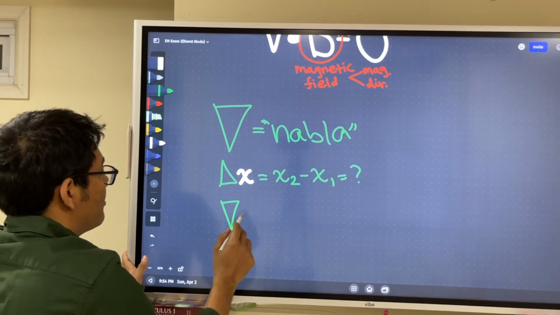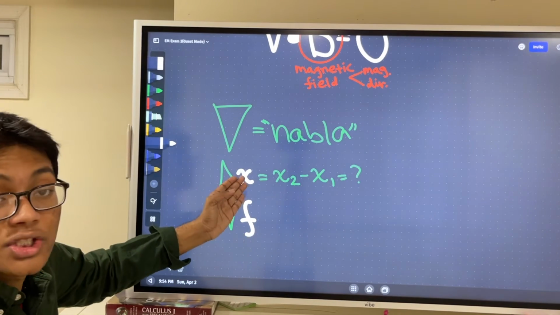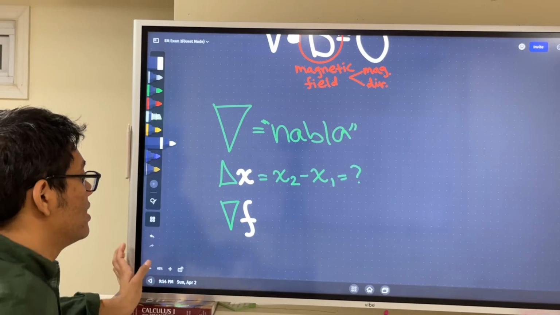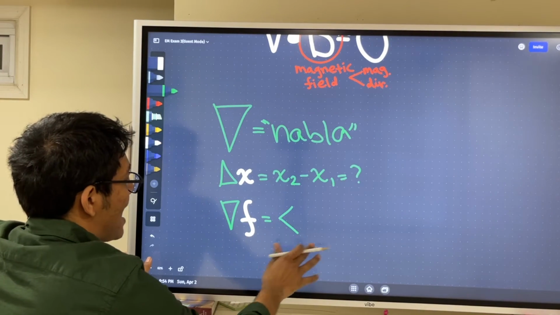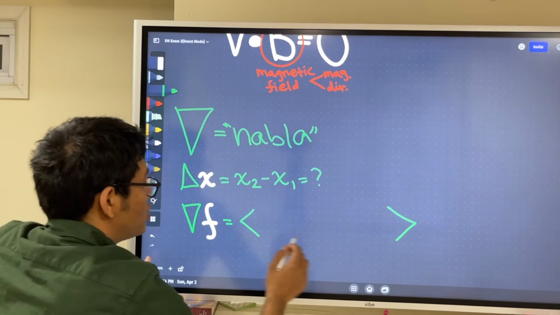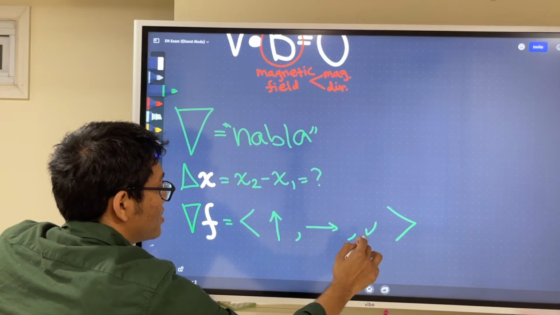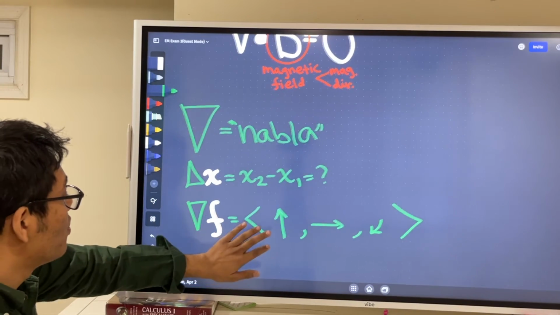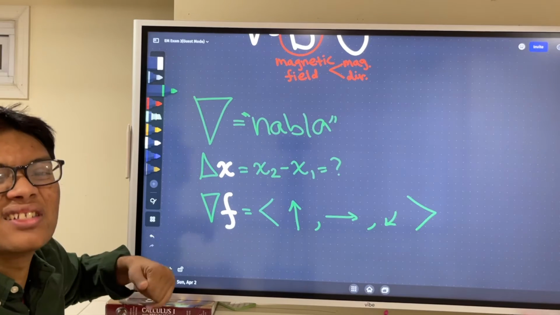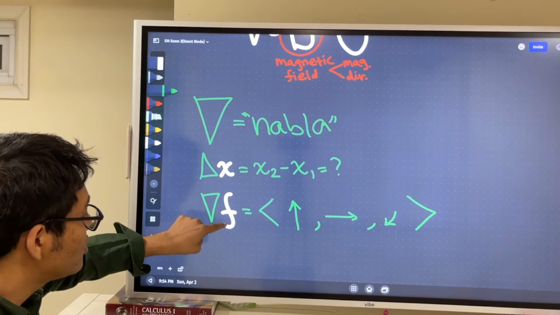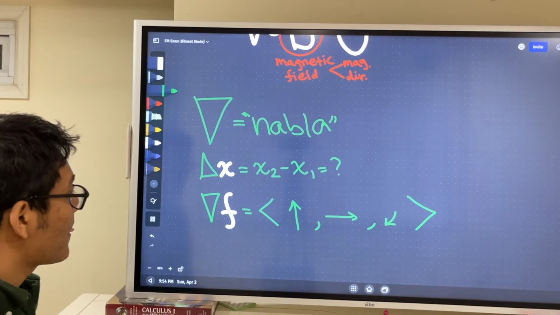If I apply Nabla to something, let's say a function, you can apply it not just to a variable but to a function, then what I'm really asking is how much is this function changing in the x, y, and z directions. So Nabla is like a superpowered version of delta. It tells me how much a function changes in the x, y, and z directions.